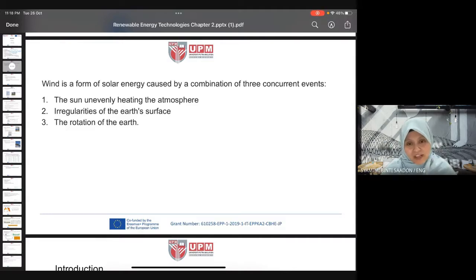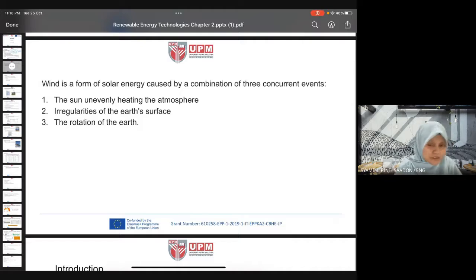It is caused by a combination of three concurrent events. It starts from the sun unevenly hitting the atmosphere, our ambient air, and then the irregularities of the earth surface.